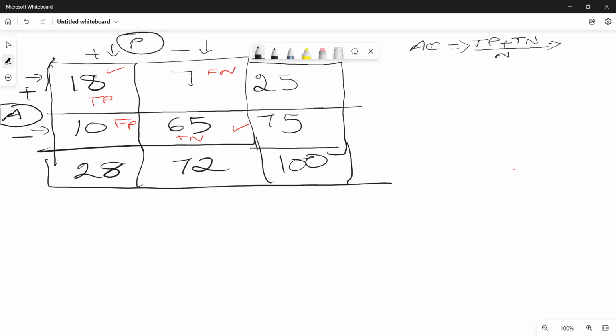So here I can say it is 65 plus 18. So that is going to be 83 upon 100. So which is 0.83, or I can say 83%. Okay, so accuracy takes care of all the correct predictions in my model. That includes positive class predicted as positive, negative class predicted as negative.